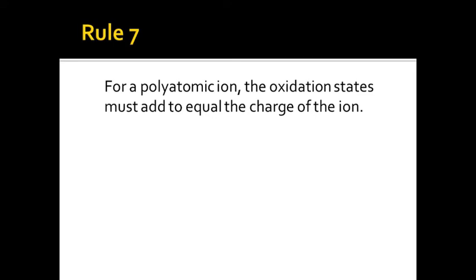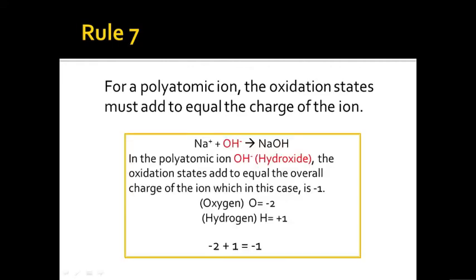Rule 7. For a polyatomic ion, the oxidation states must add to equal the charge of the ion. In the polyatomic ion OH negative, or hydroxide, the oxidation states add to equal the overall charge of the ion, which in this case is -1.